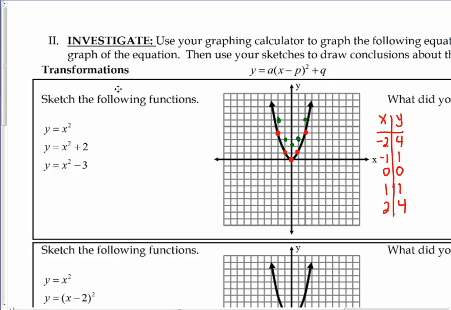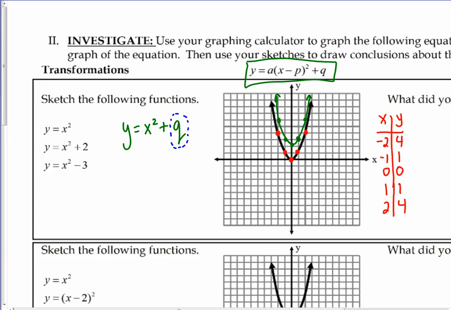So in this equation, this vertex form, what letter do you think we're changing? P, Q, or A? Q. You're right. So we are working with plus Q. So the Q of the graph is what we call the vertical shift or vertical translation.